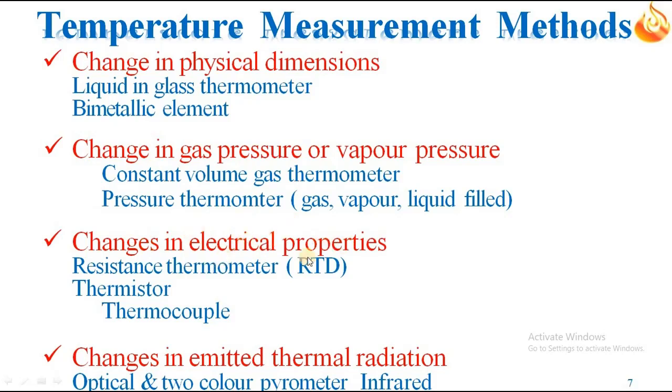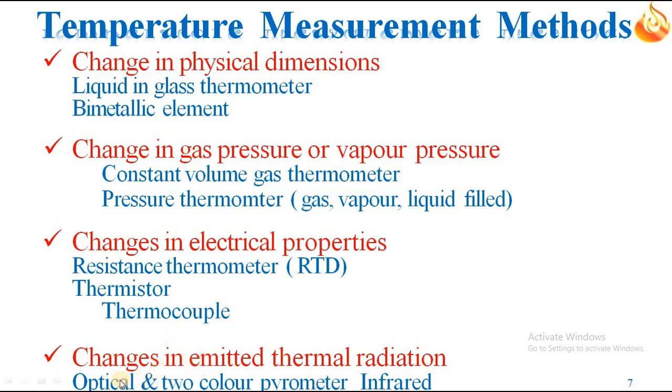Okay, so here we will be requiring an external power supply to measure the temperature. In that we have the resistance thermometer, then thermocouple, thermistor, all these types we have to see. Then after that we are going to study the changes in emitted thermal radiation. That is optical pyrometer and radiation pyrometer are the two devices that we are going to study under this point.